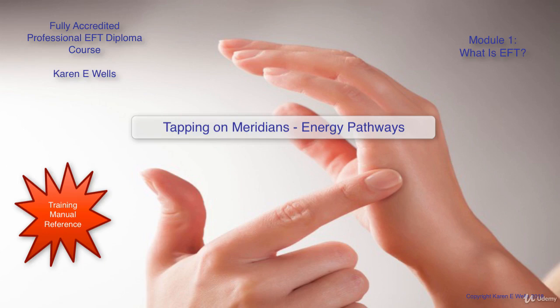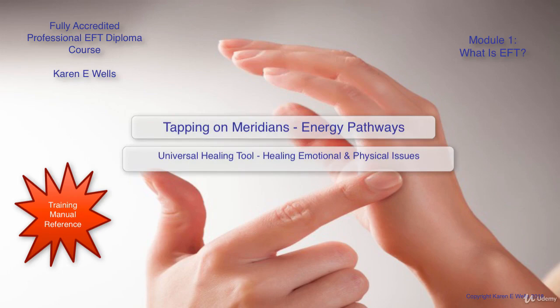Now, EFT is a universal healing tool, and it has proven results. It can aid emotional, physical and performance-related issues. Irrespective of the type of healing required, it's considered that core issues are often a result of unresolved emotional issues that have then manifested into physical conditions and been held within the meridians of the body.